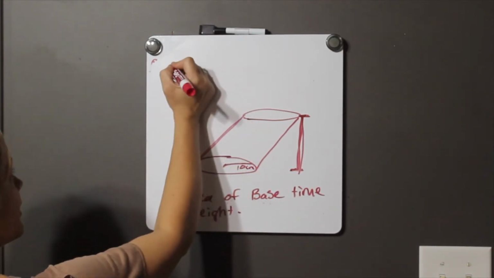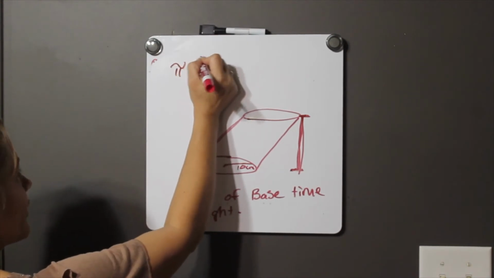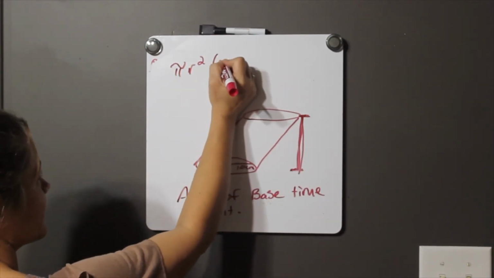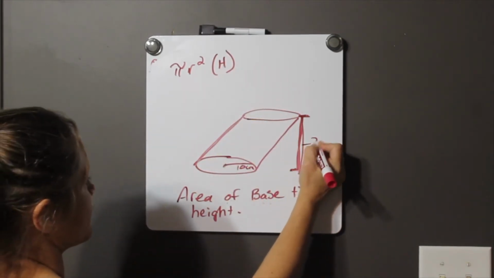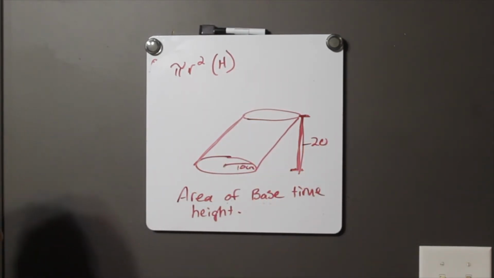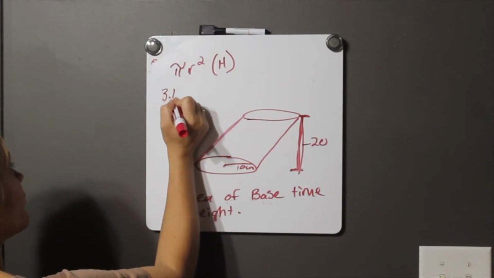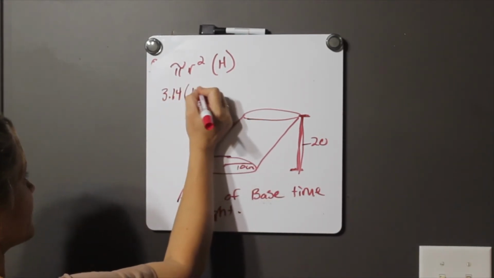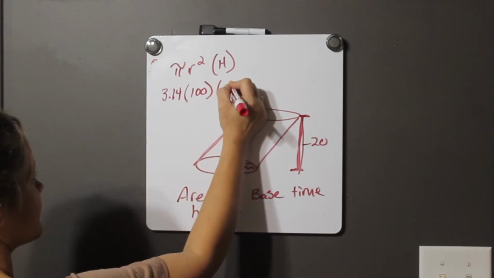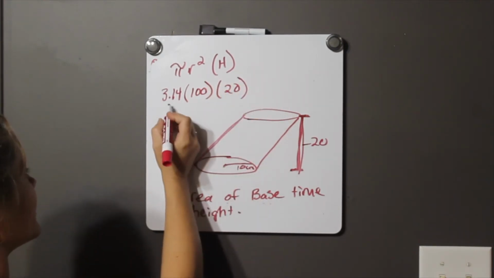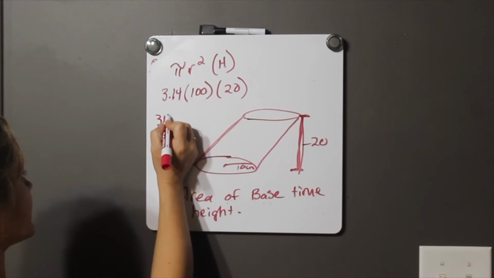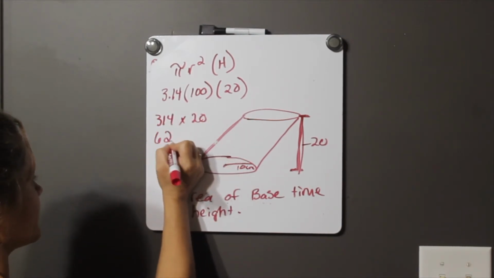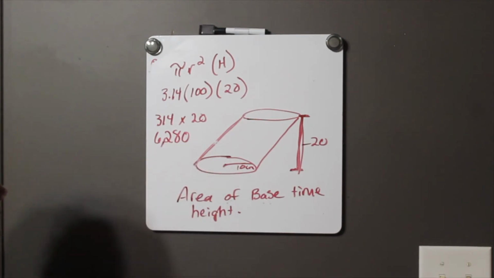We would do pi r squared for the area of the base times the height. Let's say that this is 20. Alright, so we would say 3.14 times 10 squared, which is 100, times 20. And that would be 314 times 20, which would be 6,280.